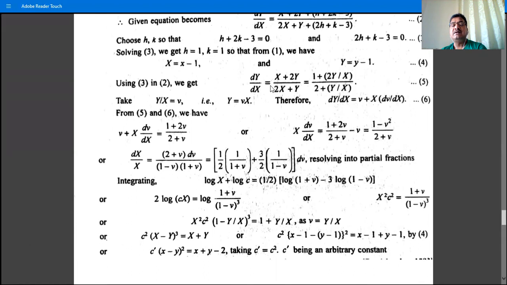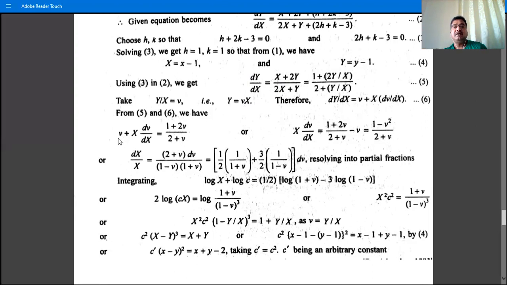After substituting y is equal to vx and taking x as common, we have this as the LHS. So dy by dx is v, the derivative of x is 1, plus x dv by dx by using the uv rule. And so substitute dy by dx as v plus x dv by dx is equal to capital X plus 2 capital Y, with capital Y as vx, taking x as common and cancelling that x, we have 1 plus 2v divided by 2 plus v.